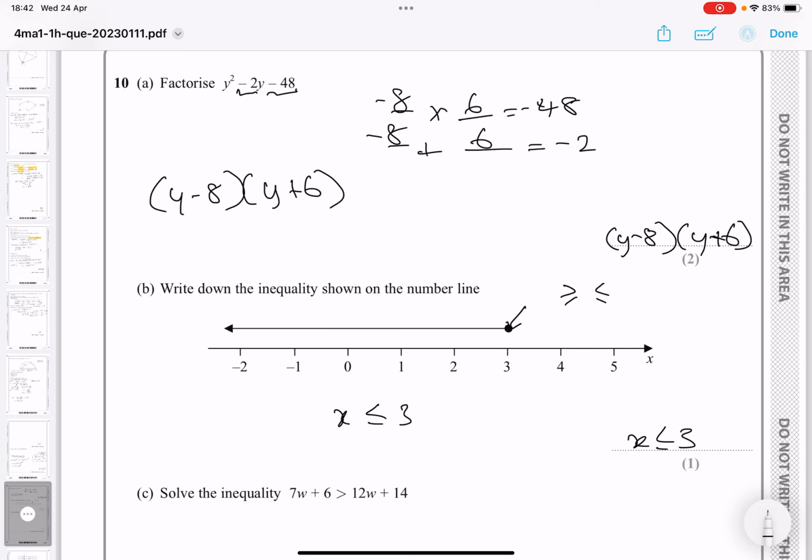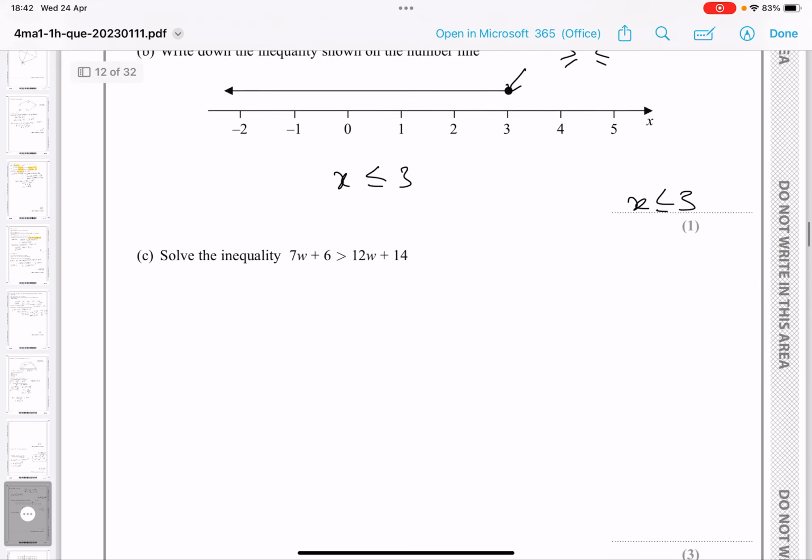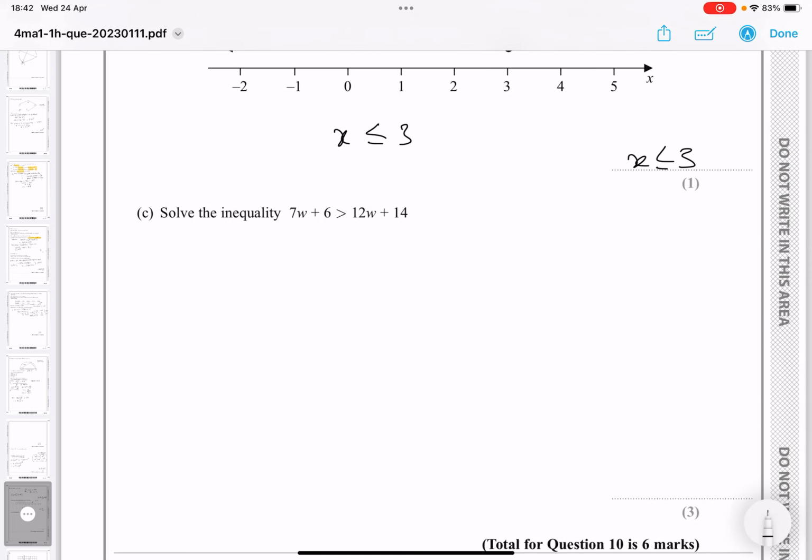Okay, let's move on. Solve the inequality. 7w plus 6 is greater than 12w plus 14. Okay, let's write that out. Okay, when you solve inequalities, it's just like solving equations, but you just have to remember the inequality sign, okay? So you take the w's to one side and make sure that it remains positive.